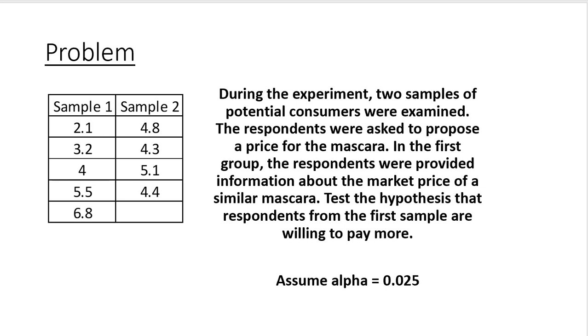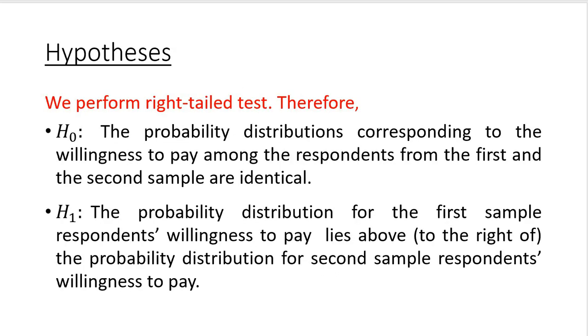So you can figure out that the test we are going to perform is not two-tailed, it is one-tailed test. And this is how we formulate the relevant research hypothesis. So the null hypothesis states that the probability distributions corresponding to the willingness to pay among the respondents from the first and the second sample are identical.